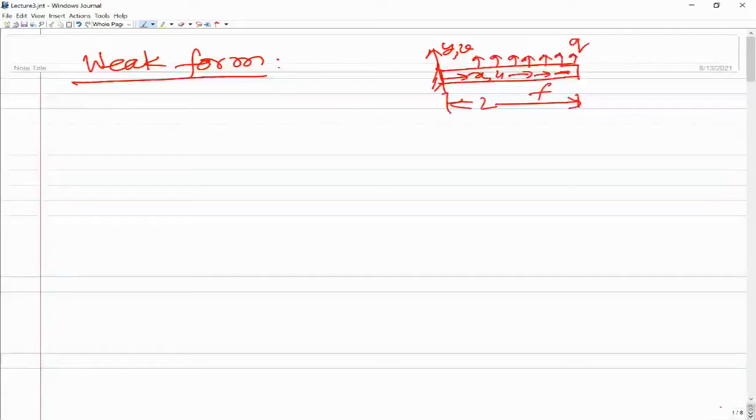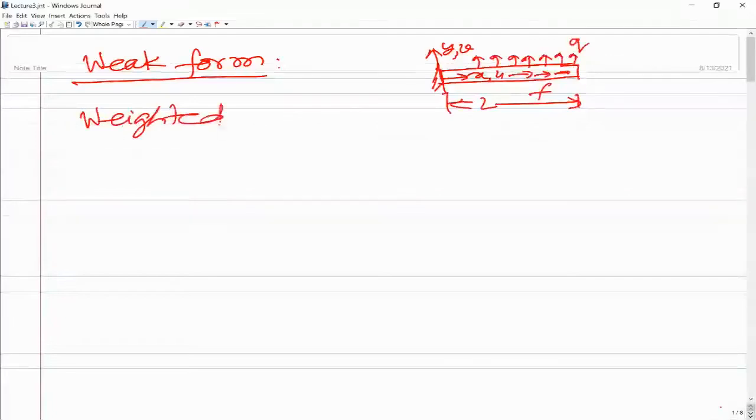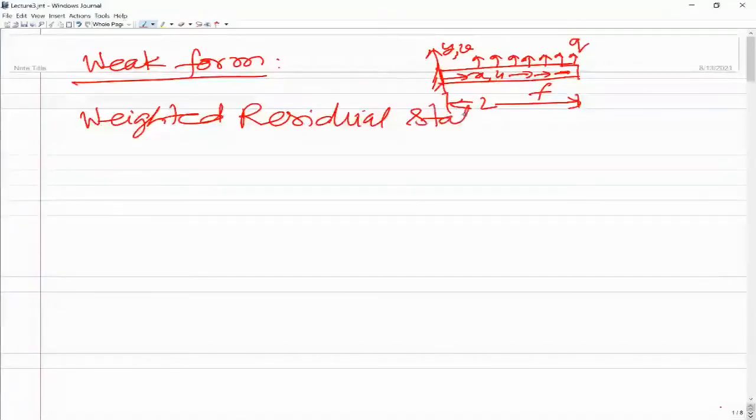Now if you look at the weighted residual statement of equation 1, since there are two differential equations involving two different variables u and v, we would in general require different weight functions for both the differential equations.